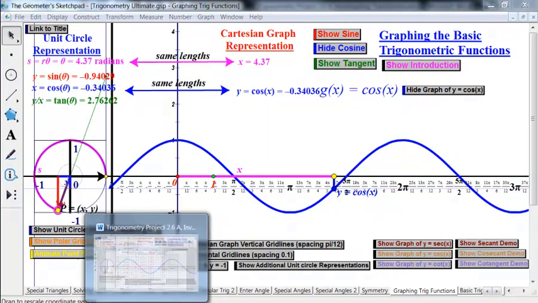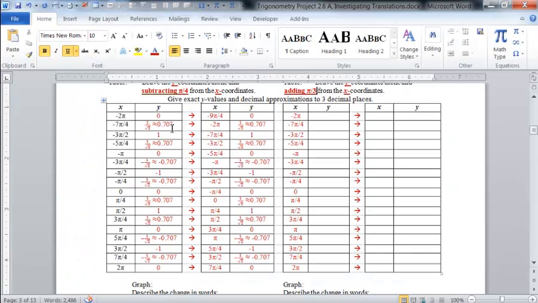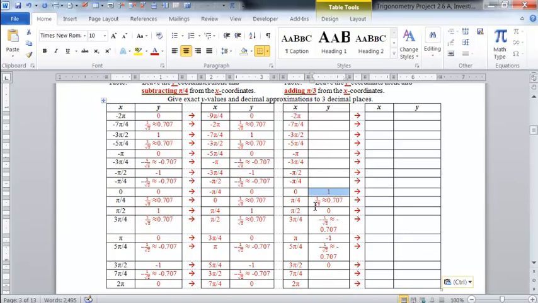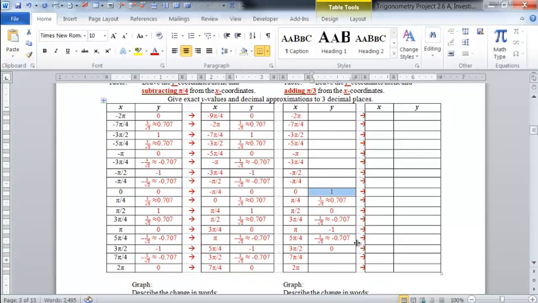So let's see if we can follow that over here. Let's just start at 0. 0 is going to start at 1, and then from there it comes down. So I believe if I copy this and paste it here, that's going to give us what we need.